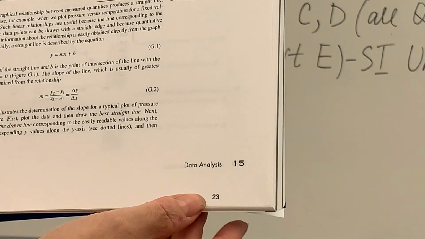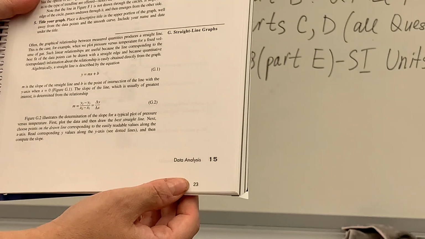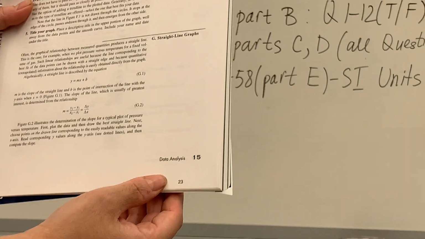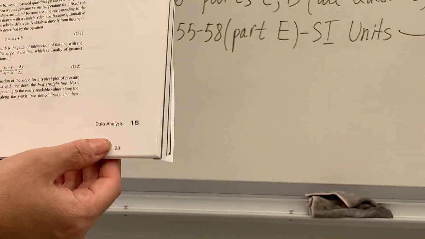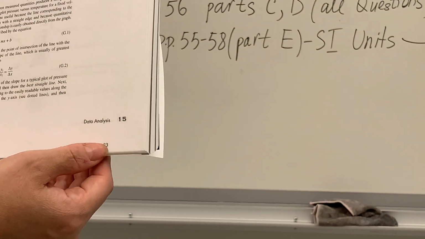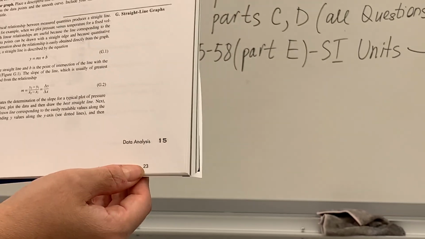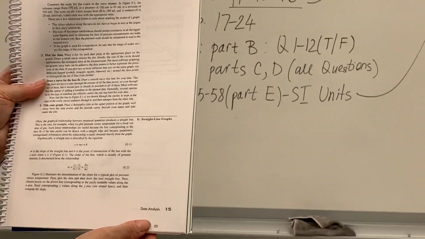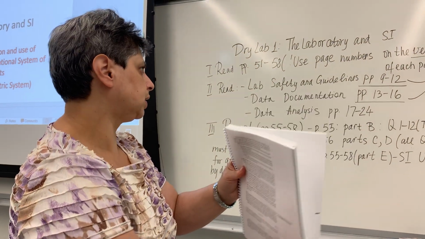To avoid confusion, one thing you have to remember, which I also wrote on the board here, is that throughout this entire semester we'll be using the page numbers on the very bottom. The one closest to the bottom of the page is the one I'm going to be referring to from now on. So hopefully everyone is able to get used to it fairly quickly.